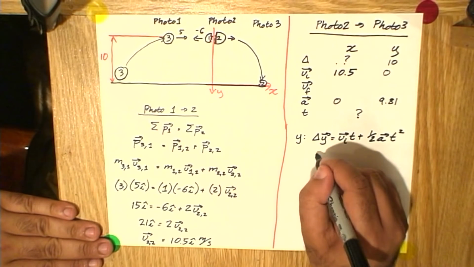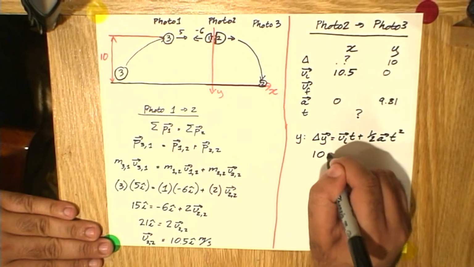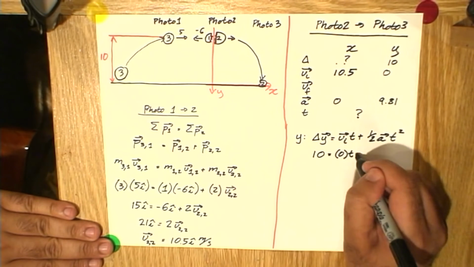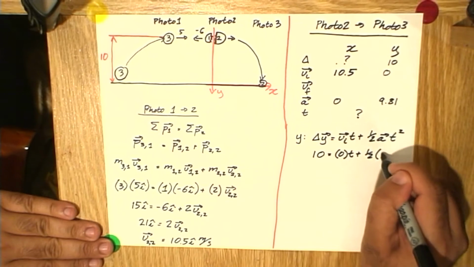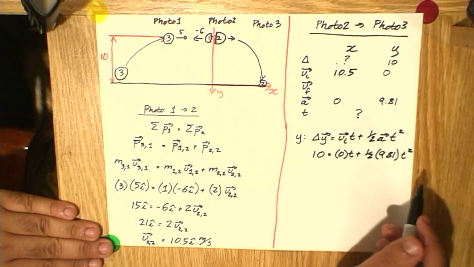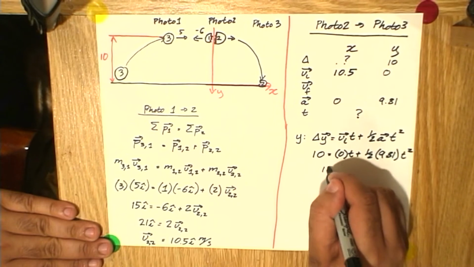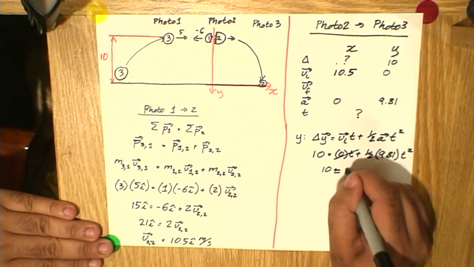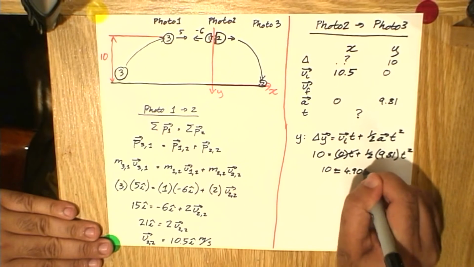Plug in everything that we know. Delta y, 10, is equal to v initial, 0, times time, plus 1/2 acceleration, 9.81, times time squared. Let's start simplifying this. This term is going to go away, and half of 9.81 is 4.905 t squared.